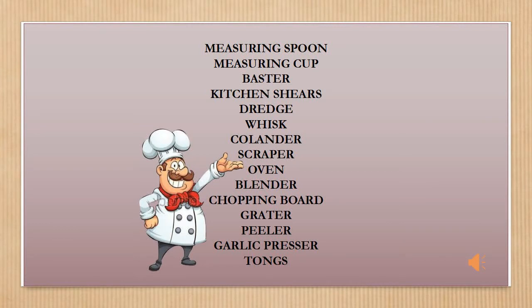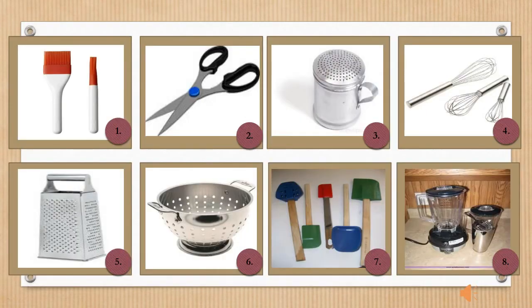These are the choices: measuring spoon, measuring cup, buster, kitchen shears, dredge, whisk, colander, scraper, oven, blender, chopping board, grater, peeler, garlic presser, and tongs. These are the pictures given.